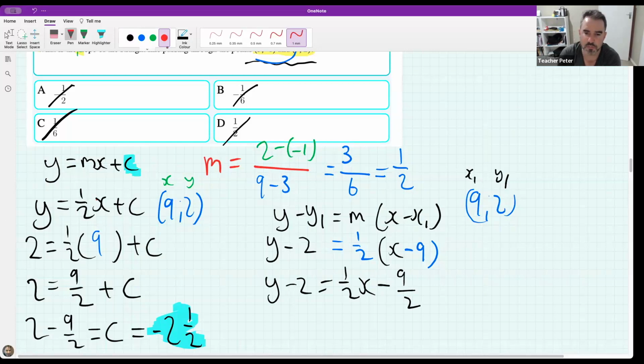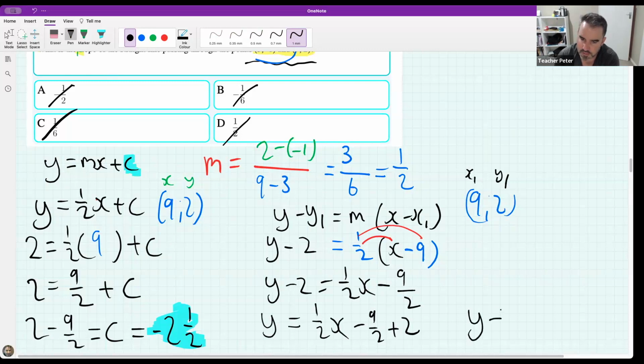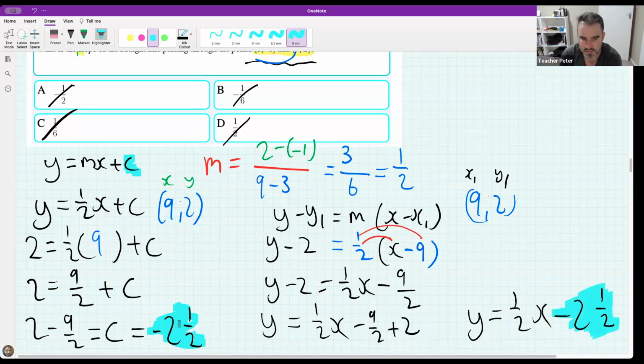I'm just distributing the half into the bracket. And then I have to move the 2 across. So I have a half x minus 9 over 2 plus 2. But then minus 4.5 plus 2, I'm going to get a half x minus 2.5. And this makes me very, very happy because I can see that the c value is exactly the same.